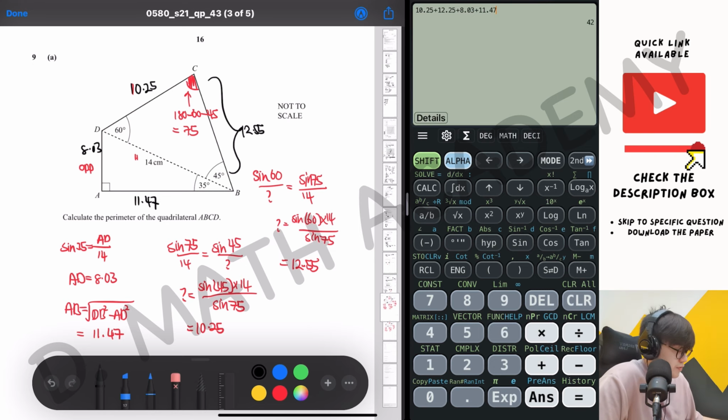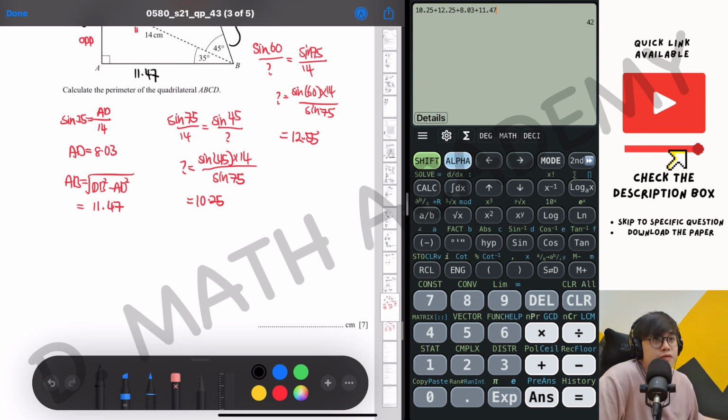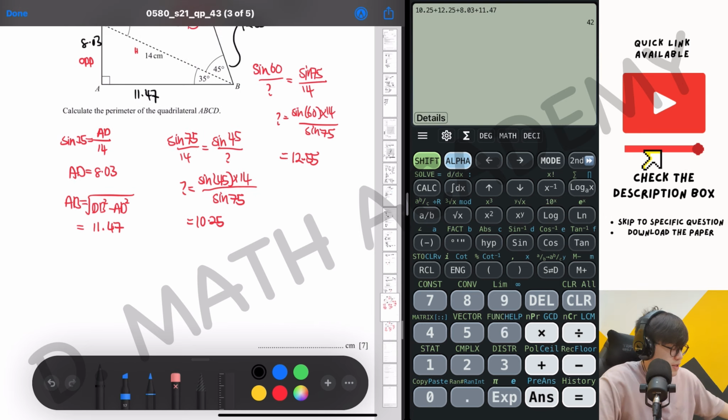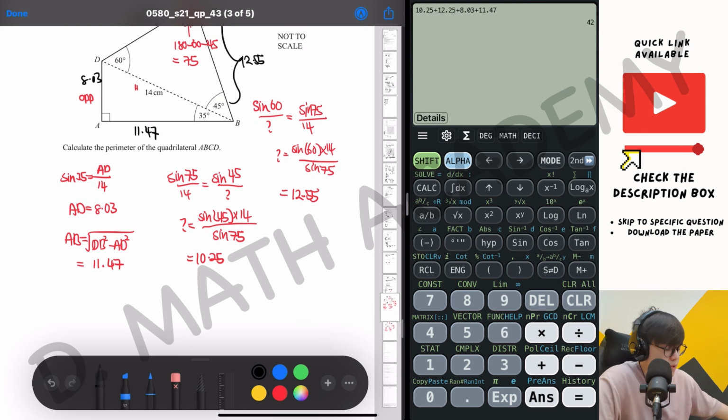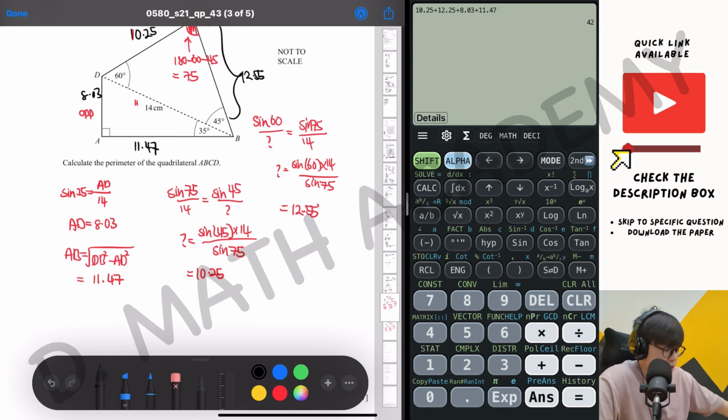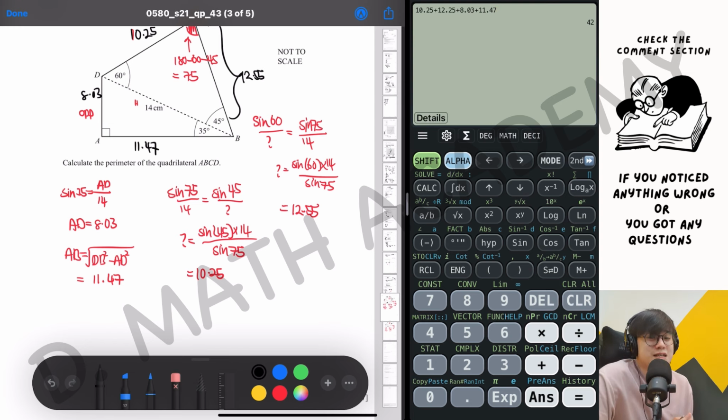So the final answer of this will be somewhere around 42. If you didn't get the same answer as me, probably it is because I did some premature roundings here. To get the most accurate answers, make sure that you take 4 decimal places at least. Then you won't have this kind of rounding error problem occurring.